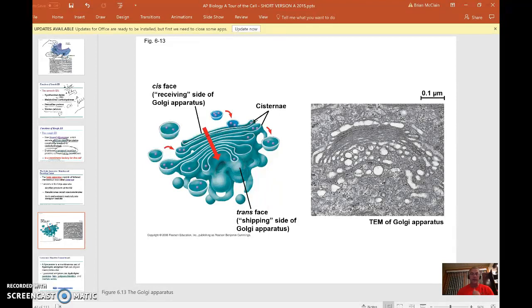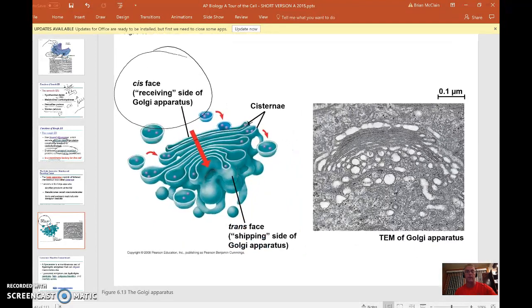This collection of membranous areas allows us to see the movement of our protein coming in on the cis face. The cis is kind of the receiving side. Things come in on the receiving side, and they exit on the trans side. From this point on, after it's been modified and changed, we should see a protein that is more appropriate for whatever its next function is going to be.